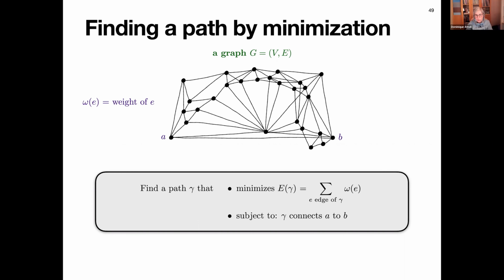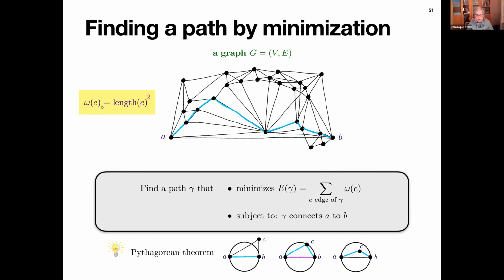So first I'm going to play with the weights that we can take. If I take for each edge the length of the edge for the weight, and if I have the edge connecting A to B, then the shortest path is clearly the edge connecting A to B. But now I'm going to give to the edges a weight that is the length of the edge squared.